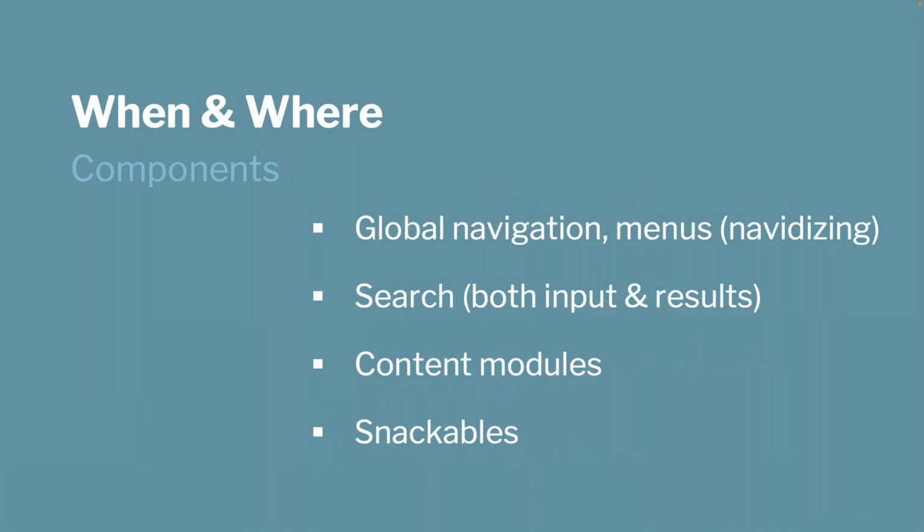So components. This is really just a partial list of components, because there are so many places within a page where one can personalize components. But an important component that is often overlooked is the global navigation. By that I mean menus, things like navigational merchandising.